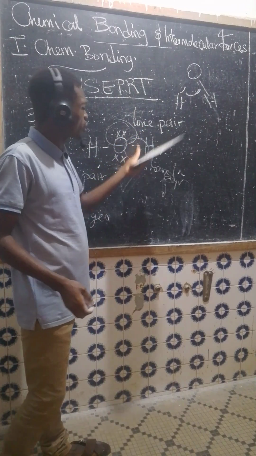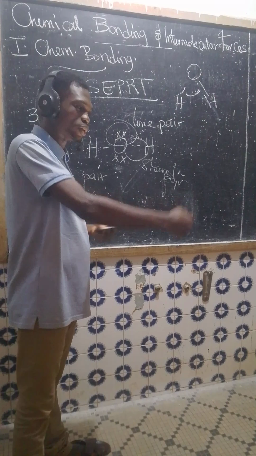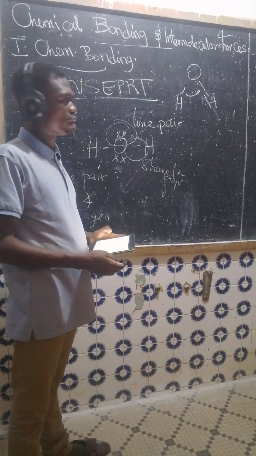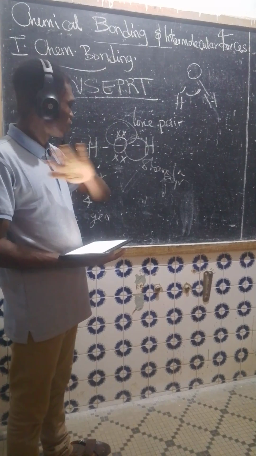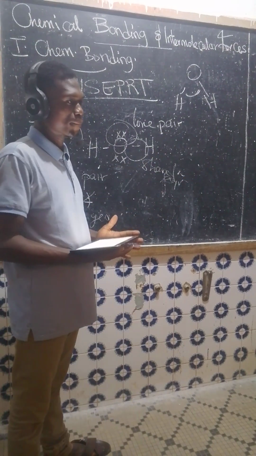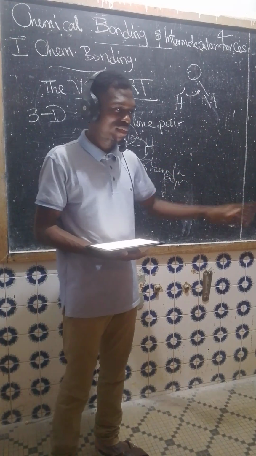Lone pairs are electron pairs that are not shared with other elements. Remember, if we are talking about ionic bond, there's nothing like lone pair and shared pair, because they simply transfer. When you transfer, you forget.